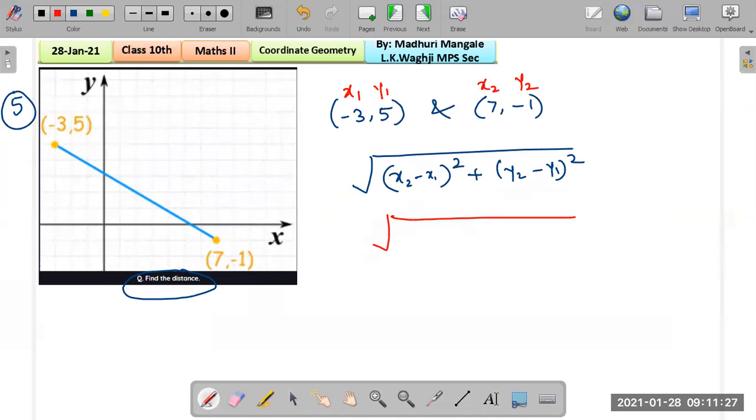The second point will give you x2 y2. Substitute the values: x2 minus x1, that is 7 minus minus 3 the whole squared, plus y2 minus y1 the whole squared. Y2 is minus 1 minus 5 the whole squared.